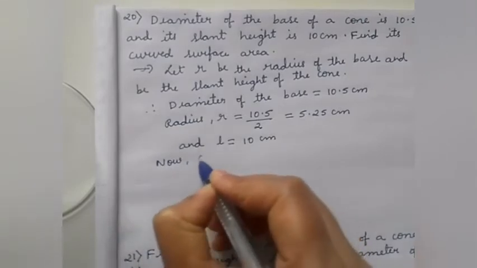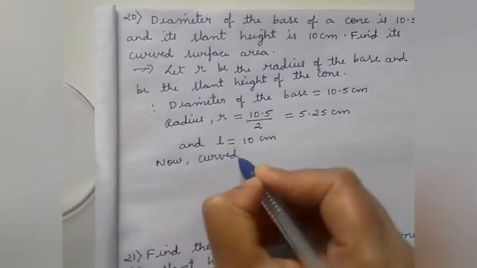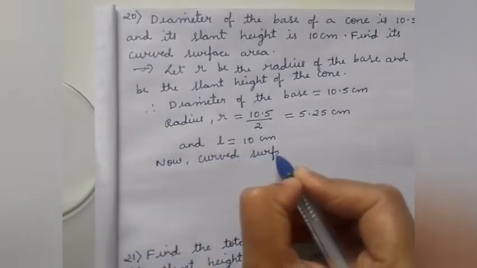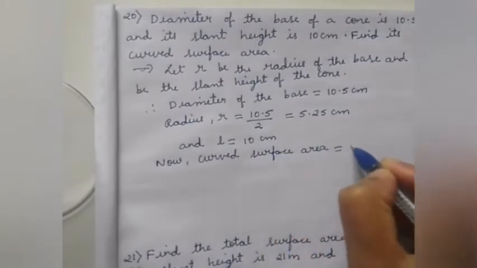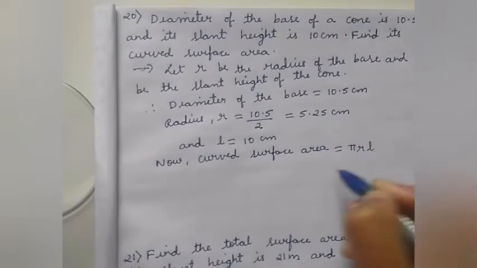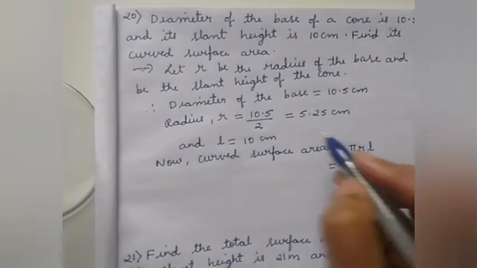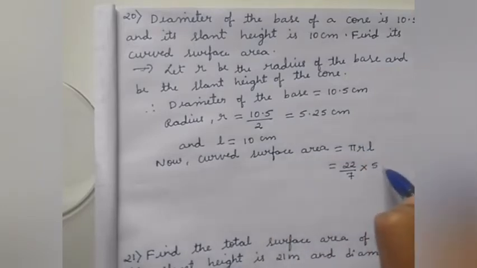Now the curved surface area, the formula is pi r L, that is equal to pi, which is 22 divided by 7, into r, which is 5.25, into the slant height given, which is 10.